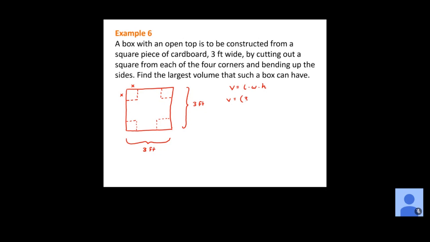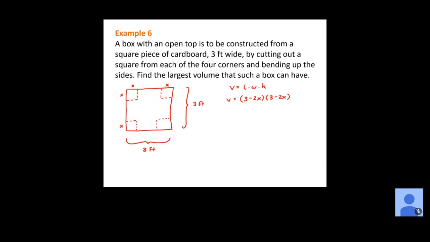Because it was 3 feet to begin with, but I'm taking out an x from both corners, which means I'm subtracting 2x from each side. So the length is going to be 3 minus 2x. What's the width going to be? Also 3 minus 2x. Because again, it was 3 to begin with. I'm taking out those 2 x's from the corners. So my width is going to be 3 minus 2x.